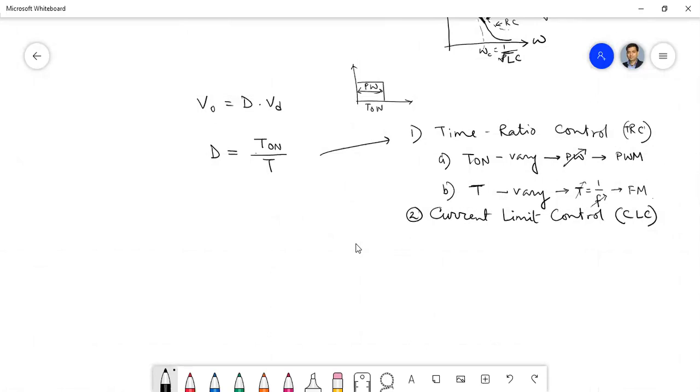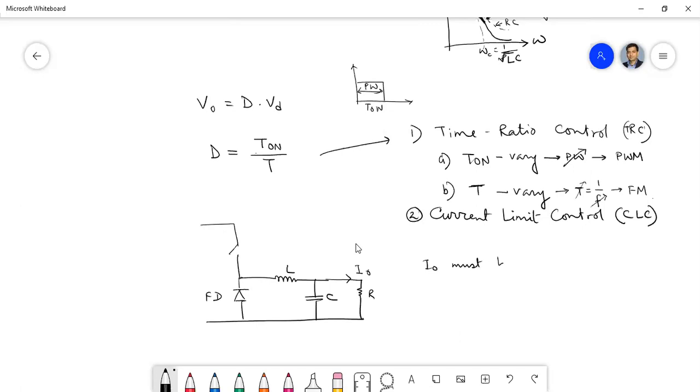So let us draw this once again, the same circuit. Through this some current is flowing, suppose I0. So I0 must be sensed, and accordingly we have to take the controlling action. If I0 is greater than a preset value, suppose I0 is greater than I max, then the current should decrease.